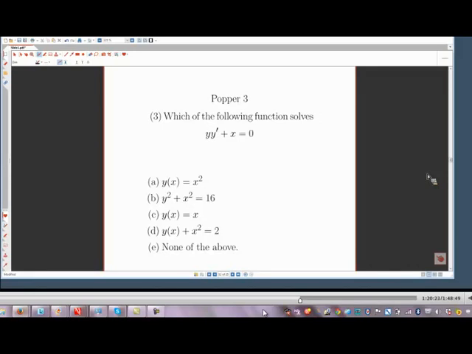So 1 jam 2. So this is the password, and you are given a differential equation which you have seen just now somewhere. Now it is asking which of the following functions solves this differential equation. So they should satisfy this.